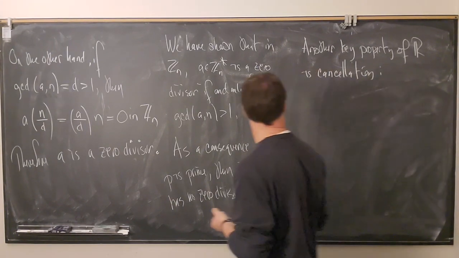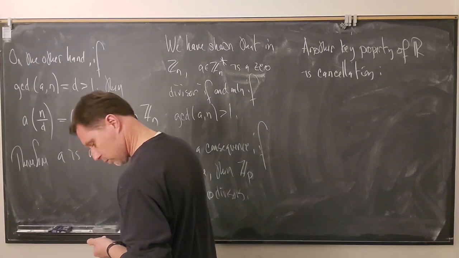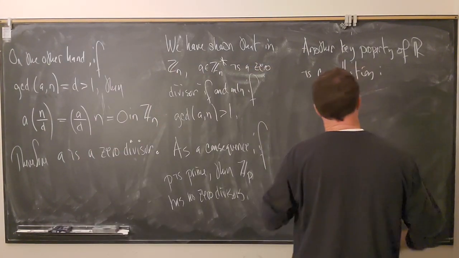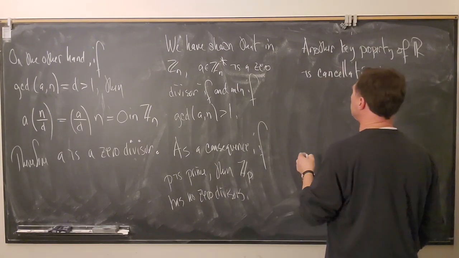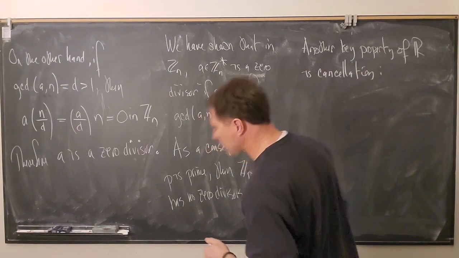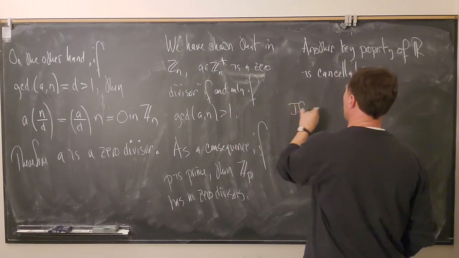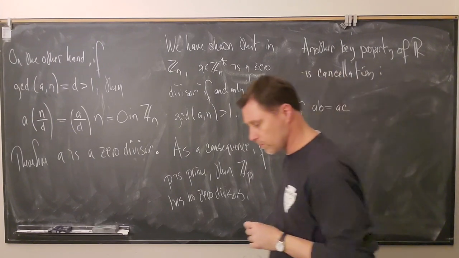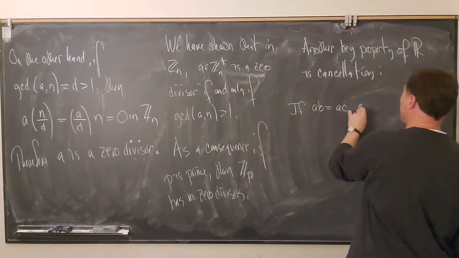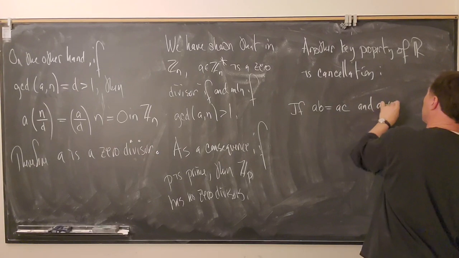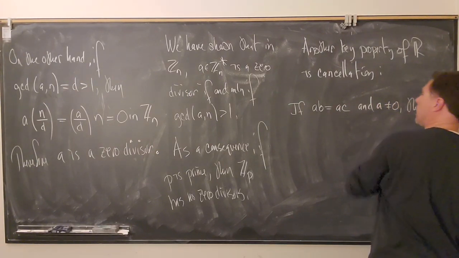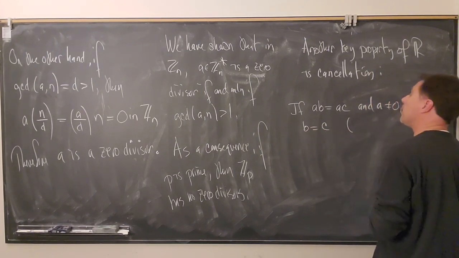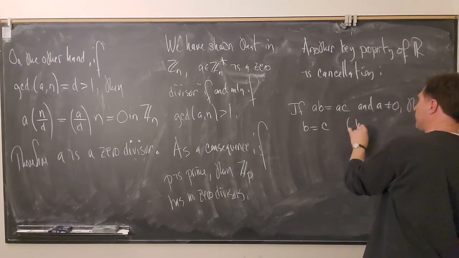Let's say another key property of R is cancellation. Yeah, let's just word it like this. So if AB equals AC, and A is not equal to 0, then B equals C. So this is left cancellation.